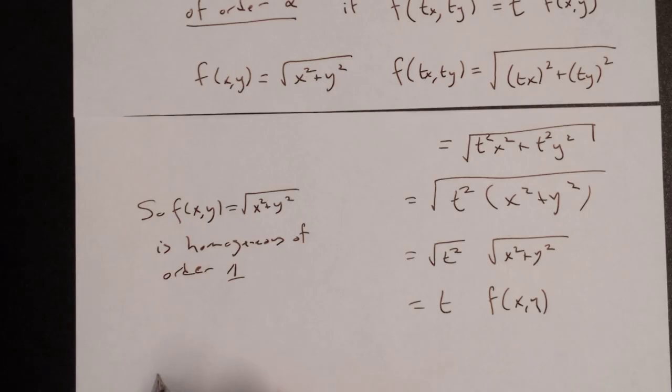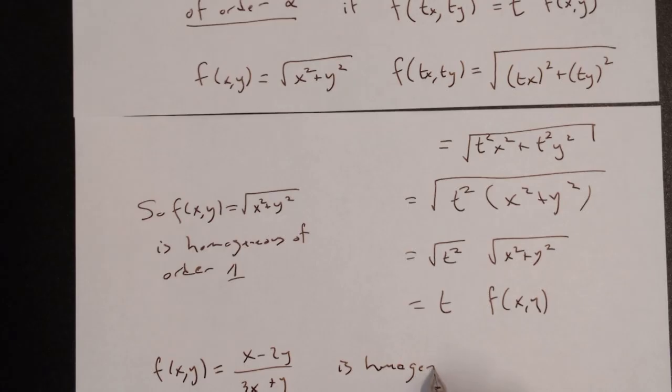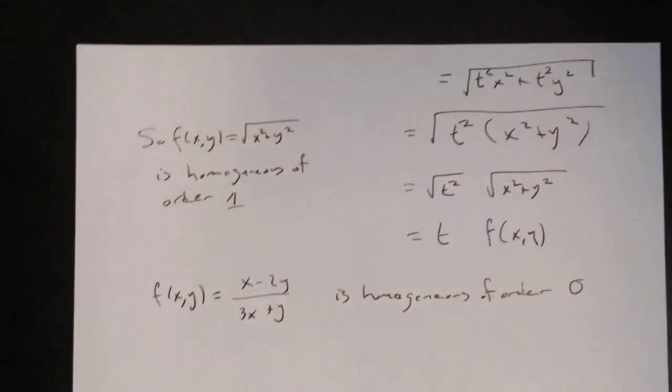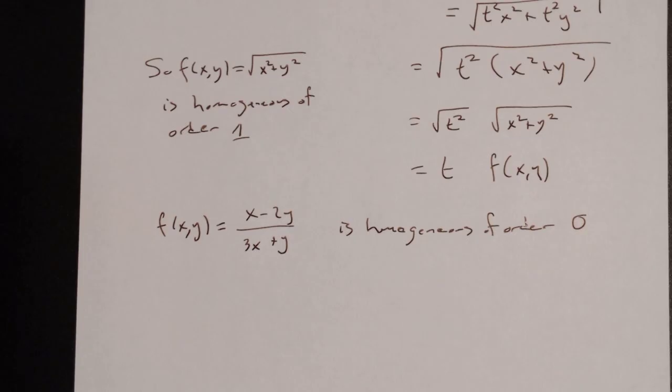For example, f of xy equals x minus 2y over 3x plus y is homogeneous of order 0. Because if I put a t in on top in all of the variables and on the bottom in all of the variables, aren't all those t's going to cancel out? And I'll be left with no t's at all.